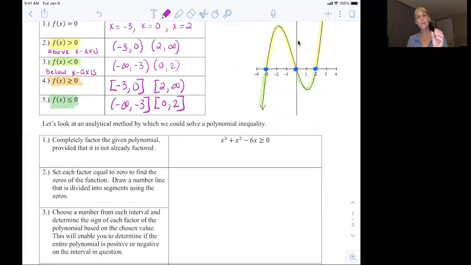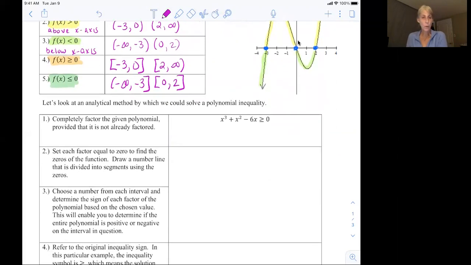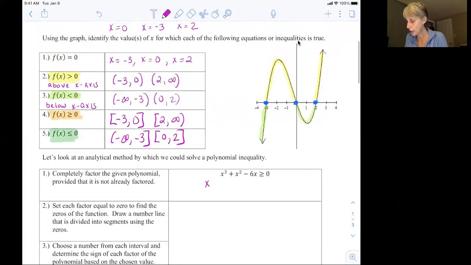Instead of always looking at a picture, we're just going to use algebra to do this. When we do it algebraically, we're going to take the same exact inequality, and I have the steps described here. We're going to completely factor the polynomial if it's not already factored. We did this above, so we can cheat here.